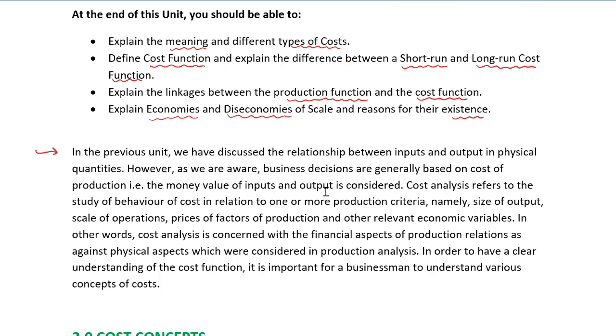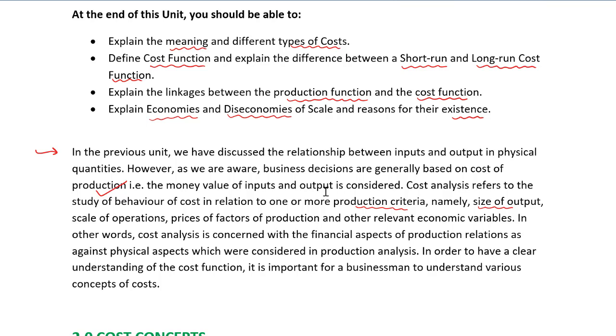Let's see the intro. In the previous chapter, we have discussed the relationship between inputs and outputs in physical quantities. However, as we are aware, business decisions are generally based on cost of production, that is, the money value of inputs and outputs is considered. Cost analysis refers to the study of behavior of cost in relation to one or more production criteria.